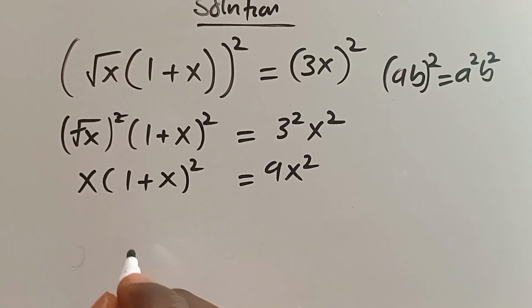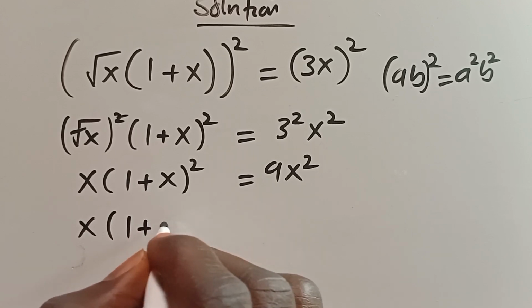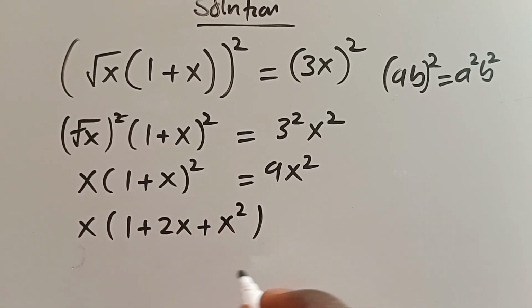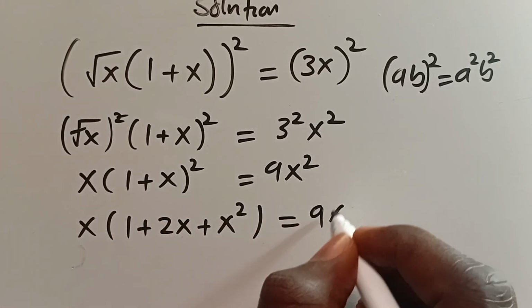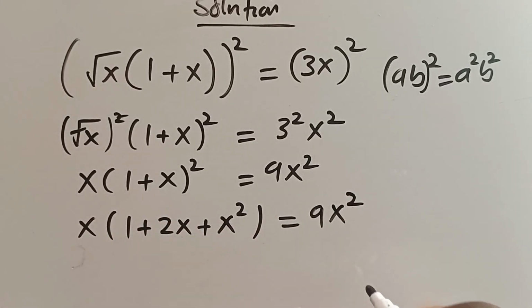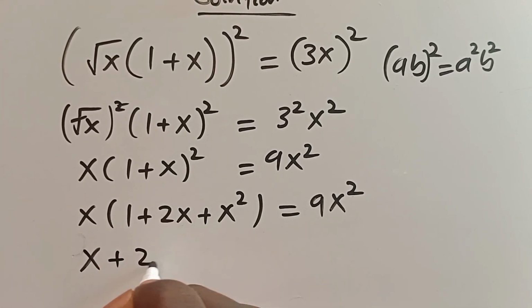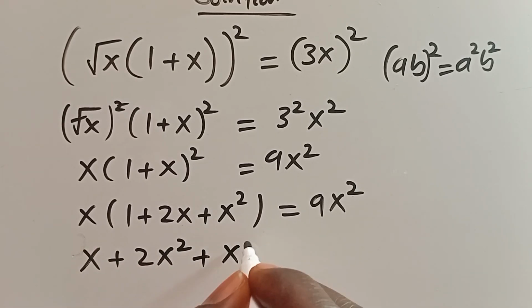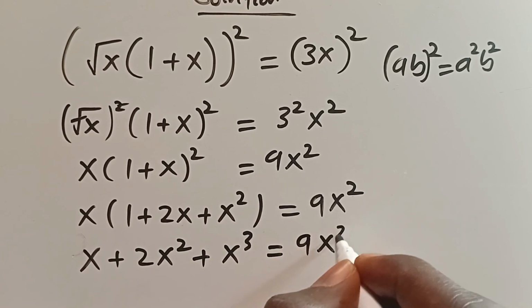So from here, this will be 1 plus 2x plus x squared, the expansion of this one, then everything equals 9x squared. Then let's multiply through by x. This will give us x plus 2x squared plus x cubed equals 9x squared.